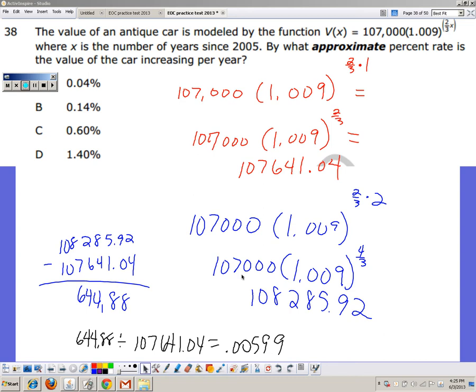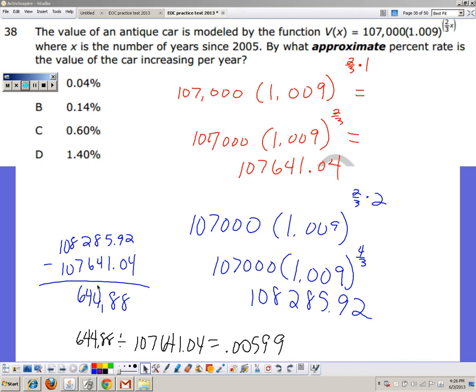So your new equation is 107,000 times 1.09 to the 4/3 power. So again, once I plug this into my calculator, I get $108,285.92. I want to find the difference because I need to find the increase of rate.